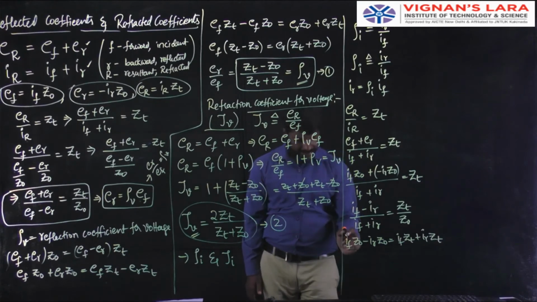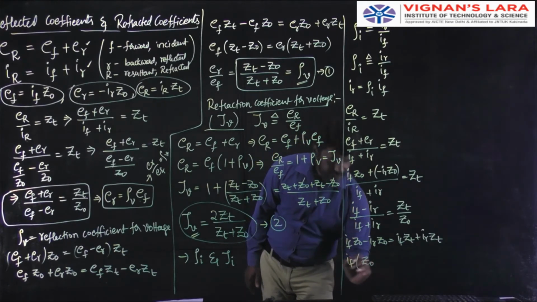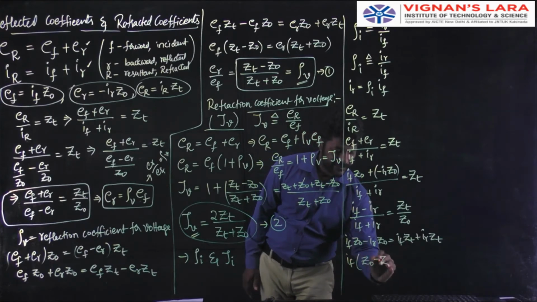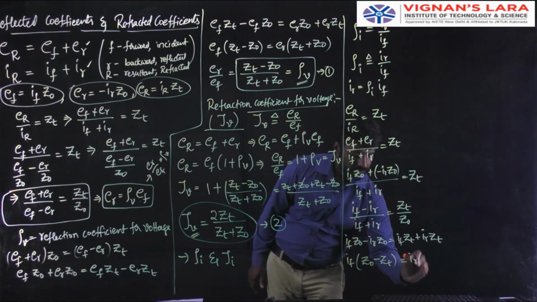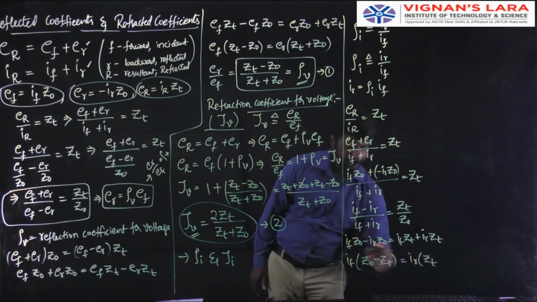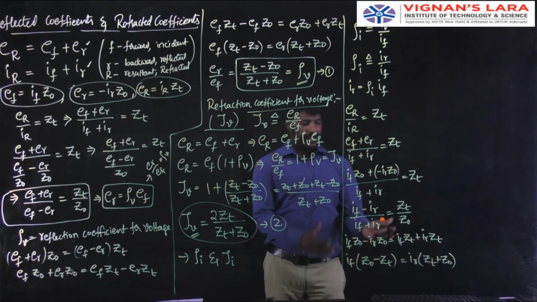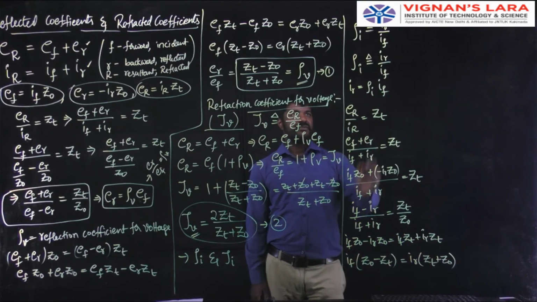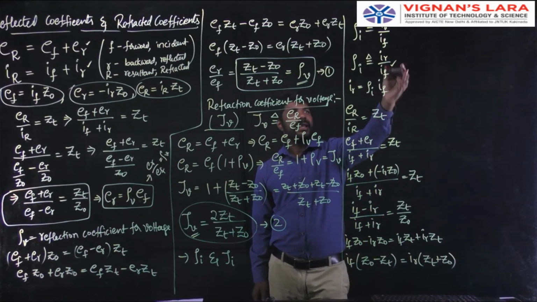Then we can write IF of Z naught minus ZT is equal to IR of ZT plus Z naught. Then rearrange the ratios to get the definition of rho I. What is rho I? IR by IF.